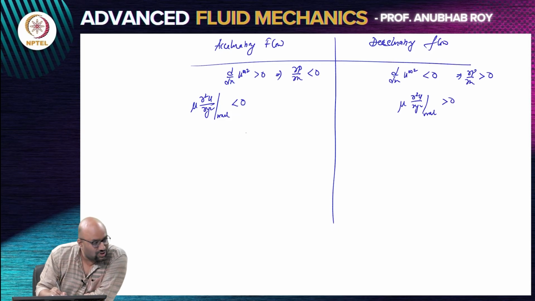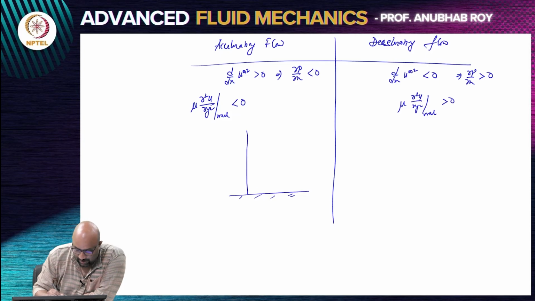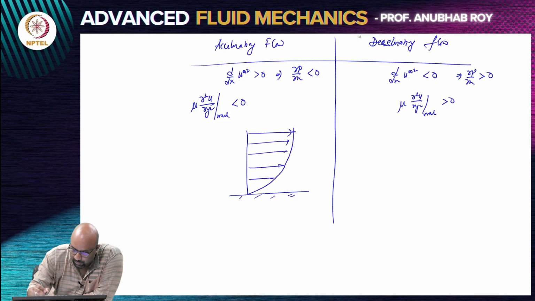So if I sketch the velocity profile in the accelerating scenario, it will start from something like this and transition. If you are measuring the slope here, the slope is continuously decreasing.